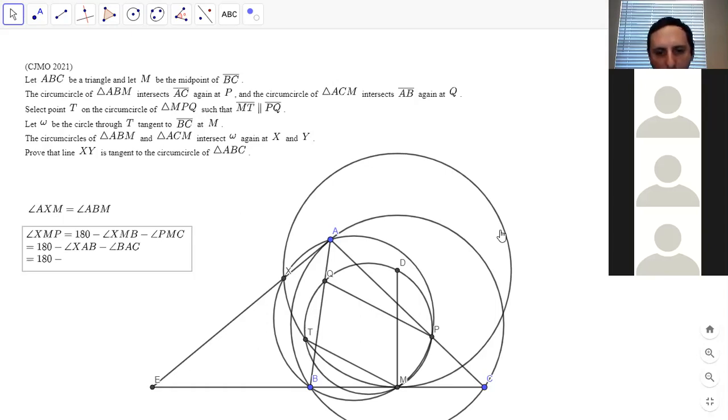Let's see. So yeah, XMP, it's 180 minus XMB minus PMC. XMB is half of XDM.